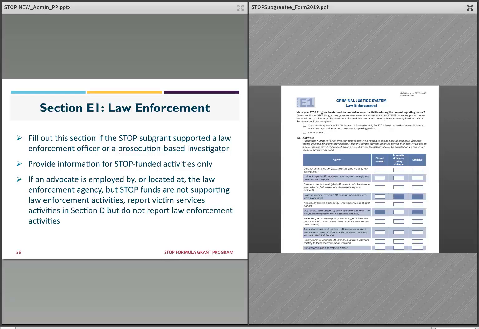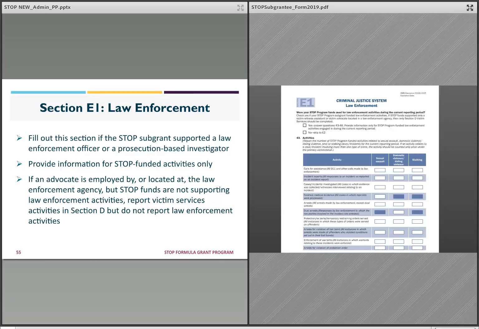Question 43, activities, should reflect only activities directly supported with STOP grant funding or required match. For example, if you know that a subgrantee is funding half of a law enforcement officer with STOP subgrant funding, only half of that law enforcement officer's total activities for the year should be reported in question 43, activities.